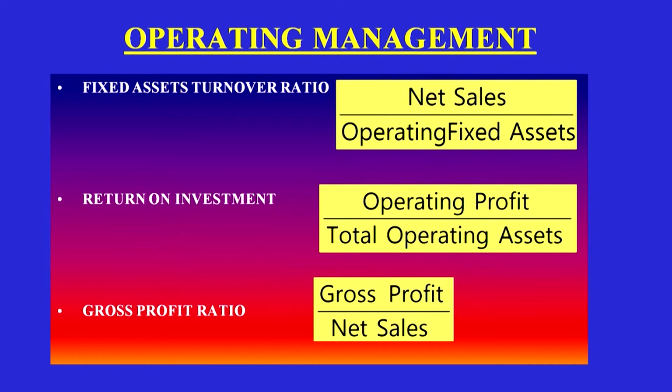Then we talk about the ROI, return on investment: operating profit divided by the total operating assets. We are talking about the profit from the operations first, right. We only have to take the profit from the operations, not from interest income or rent income, only the profit from the operations, taking into consideration both direct and indirect expenses.